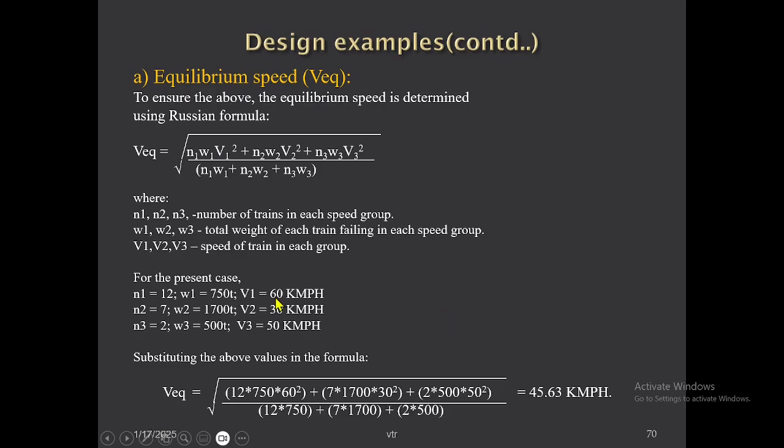The maximum is the 60 kmph express train, and the low speed goods train is 30 kmph, and our V equilibrium comes to 45.63 for the data given.